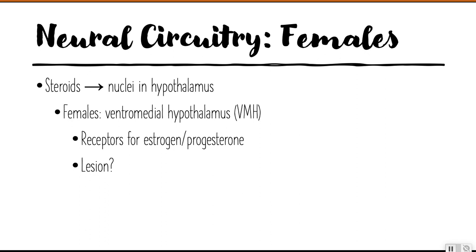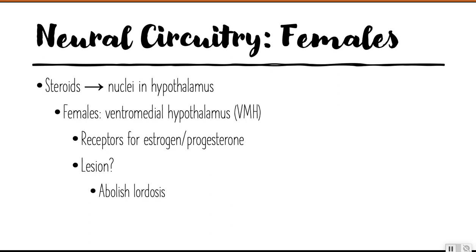What happens if we lesion this area? What happens if we lesion the VMH, if we cut the connections or damage it in some way? We see in females, if we lesion the ventromedial hypothalamus, we are not going to see those lordosis behaviors. We're not going to see the females show receptiveness.